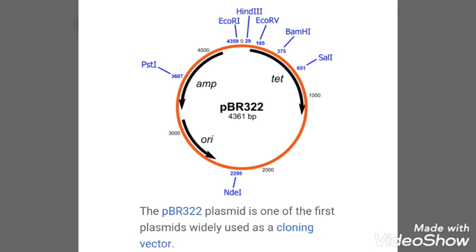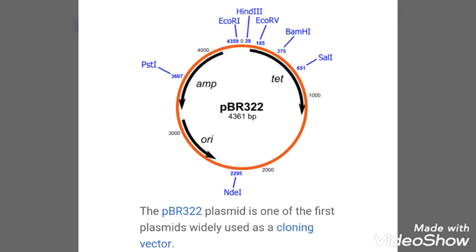In the examination, you have to draw this diagram compulsorily if they ask a question on short notes on vectors or the characters of plasmids. You need not remember the numbers and digits, but you have to draw pBR322.